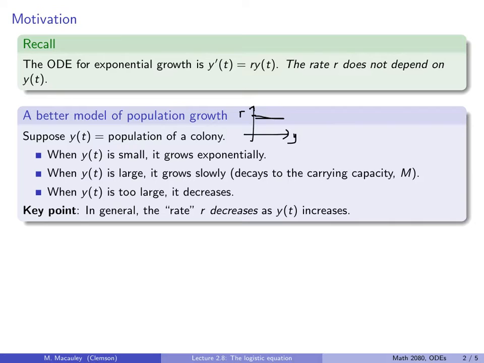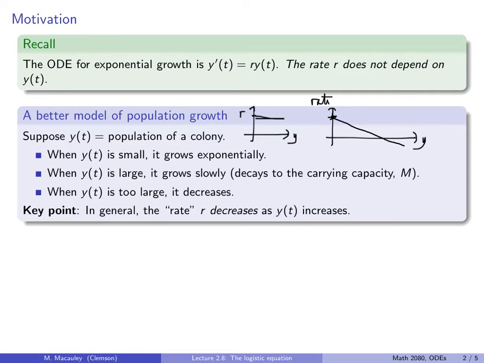That's supposed to be a horizontal line. Now what we have is, if we were to plot the rate, it's going to be decreasing. It's not clear whether it should be decreasing linearly or like this or something else. But the logistic model is a population model where this rate decreases linearly. So it's assumed to be a straight line.